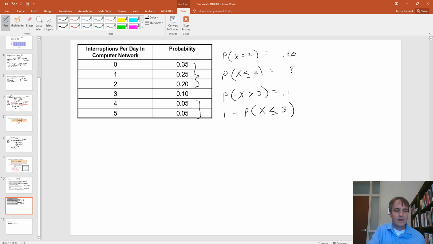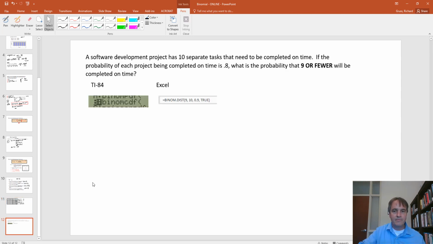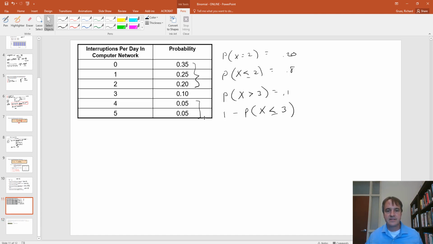So it turns out that when we're trying to solve a case like this, instead of trying to find exactly a certain number of successes, we want to know whether there are less than or equal to, or greater than, a certain number of successes.